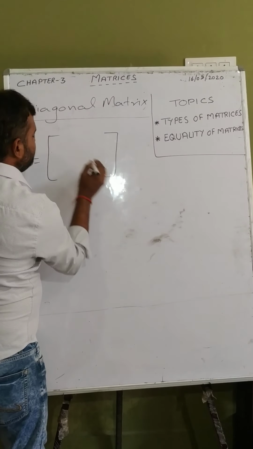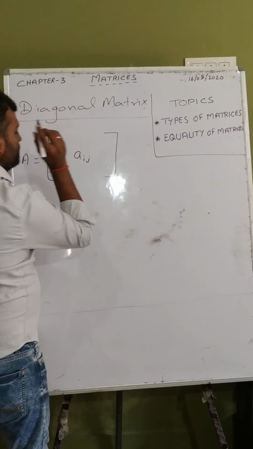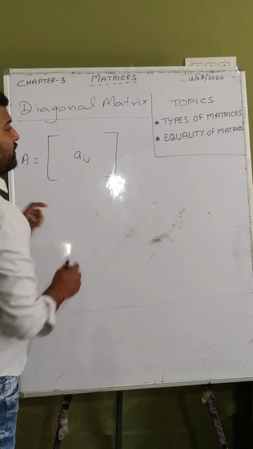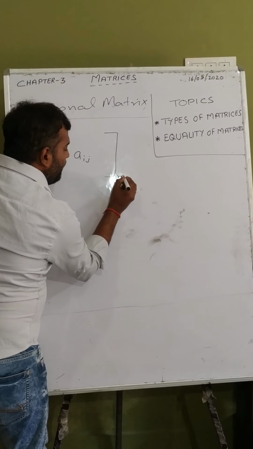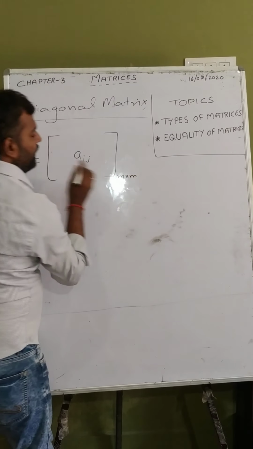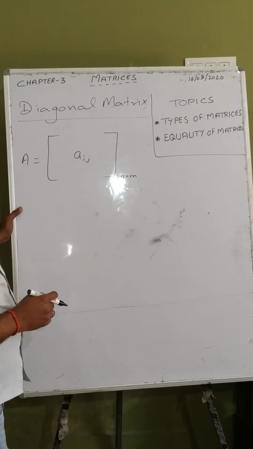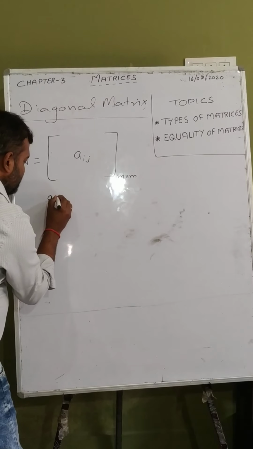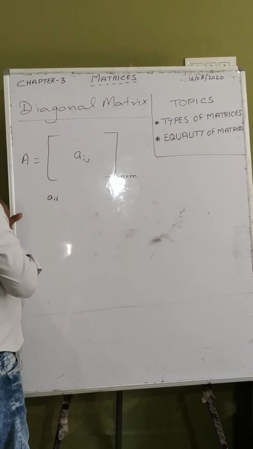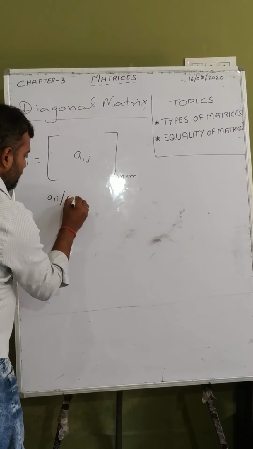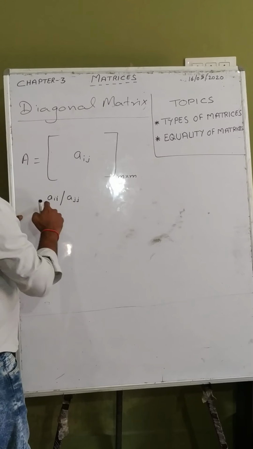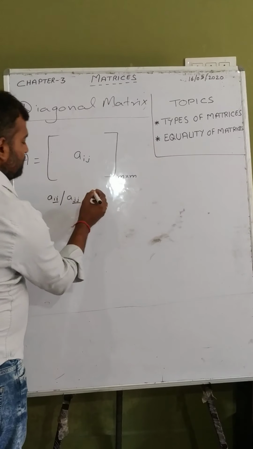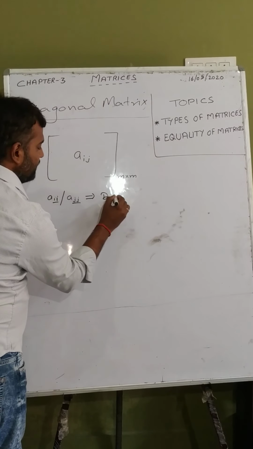Let A be a matrix whose element is given by aij, and be a square matrix of order m by m. Definitely here aij, or aii, or we can say ajj, here i and j both are the same. These are said to be the diagonal elements.